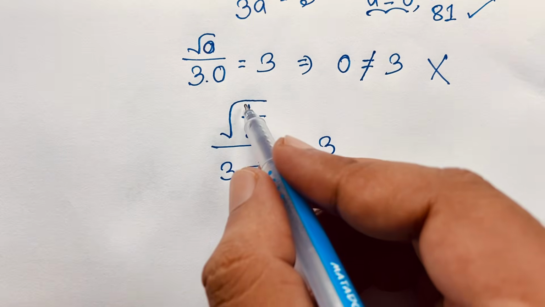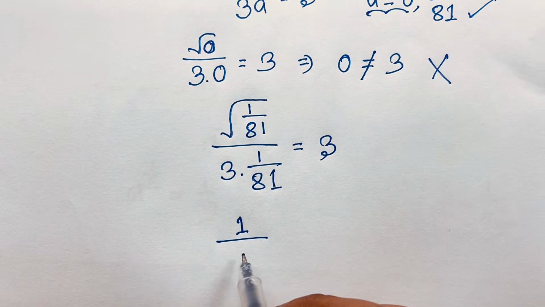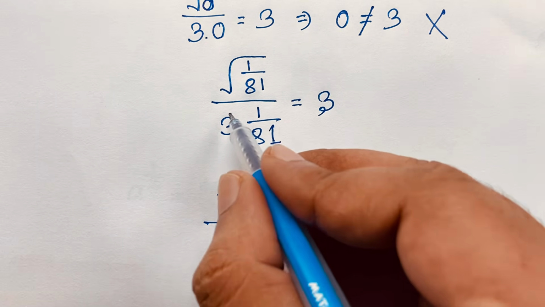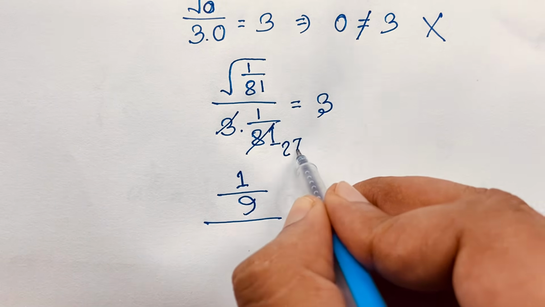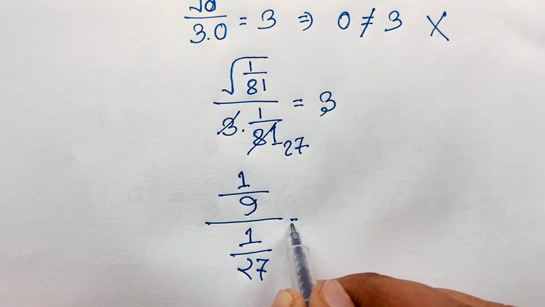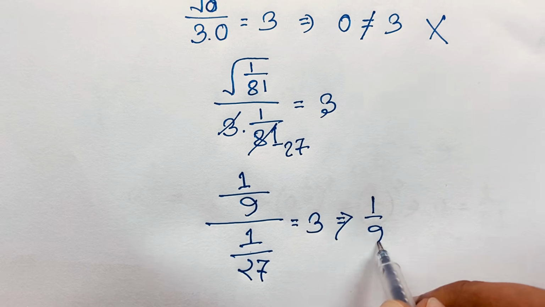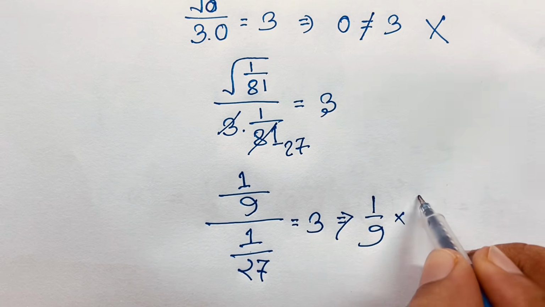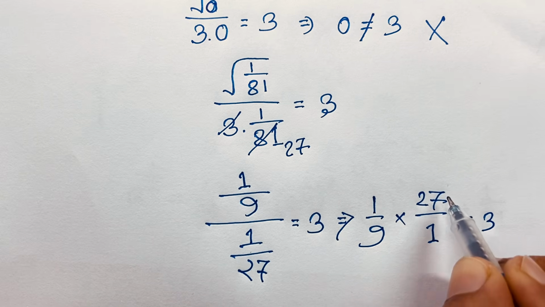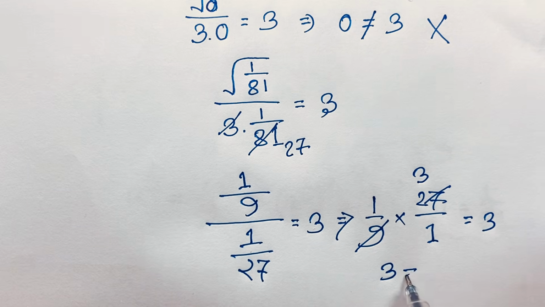Now the square root of 1 is 1, but the square root of 81 is 9, and 81 divided by 3 is 27. So I take here 27, this is 27 is equal to 3. Then this is 1 over 9 times 27, so 27 divided by 9 is 3. So you can say easily 3 is equal to 3.